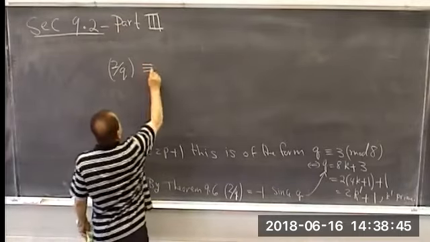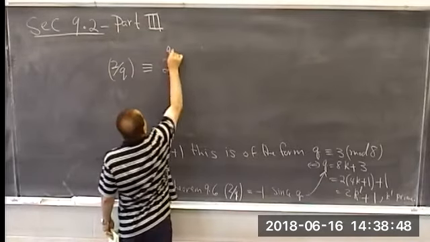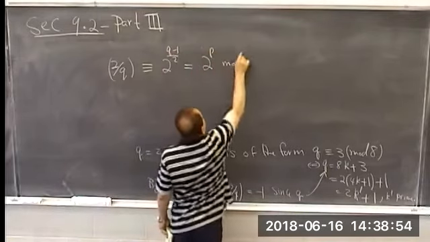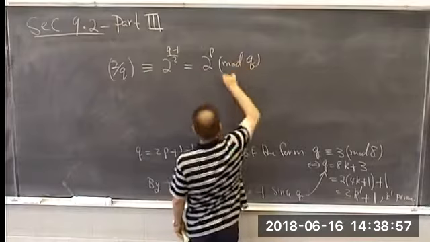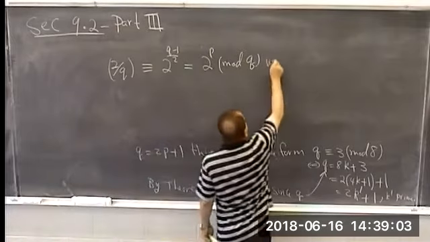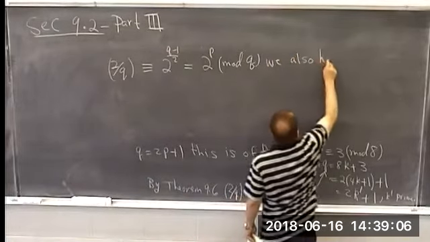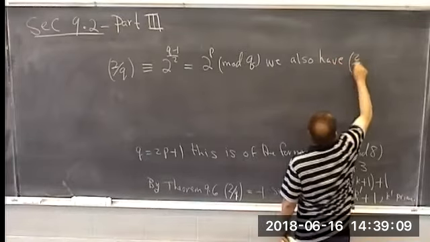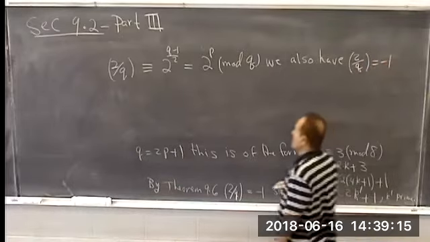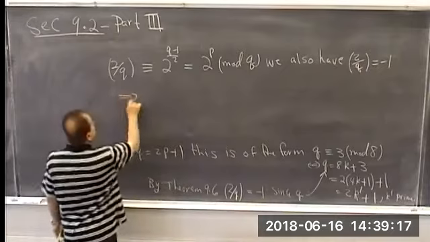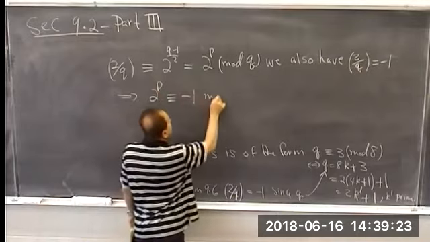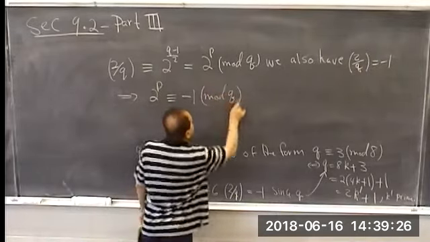We have this is congruent to 2 to the (q minus 1) over 2, which we say this is nothing but p mod q. Now, together with what we have in here, we also have this last congruence, which says that 2 over q is actually equal to -1. So this implies that 2 to the p is congruent to -1 mod q.